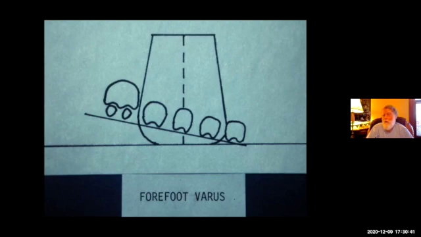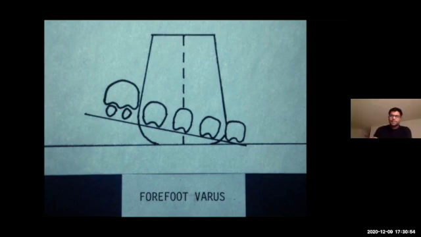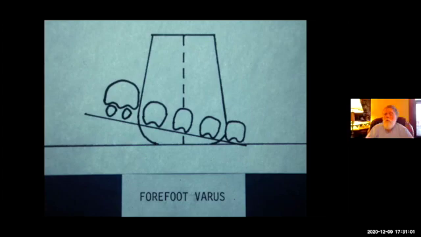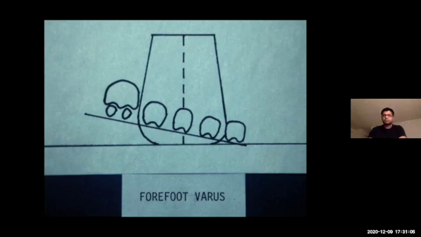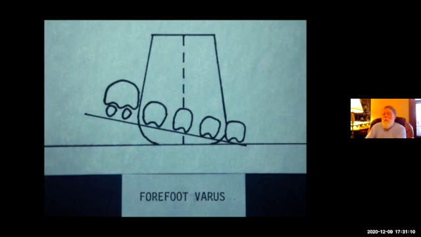How does that compensate? Sai? How do we compensate for forefoot varus? Probably bringing down the medial column. So how do we bring the medial column down? When a patient who has forefoot varus stands up, what happens to their foot?